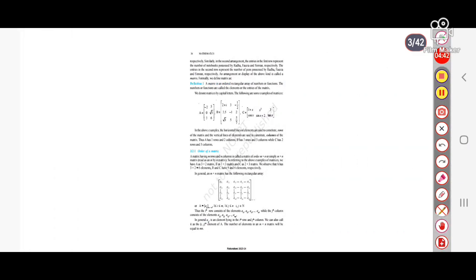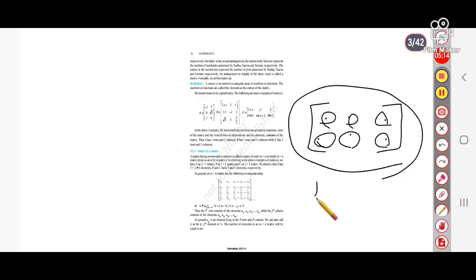Now the definition of a matrix stated in the textbook is an ordered rectangular array of numbers or functions. The numbers represented inside the rectangular array depict certain things given in the question. These are called individual elements, and this entire thing is the matrix.